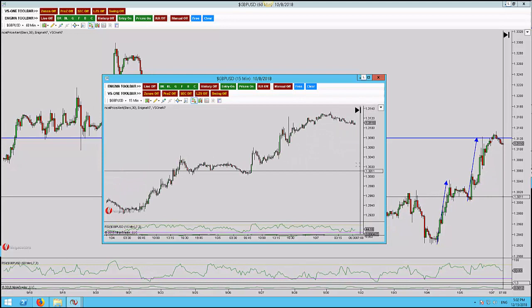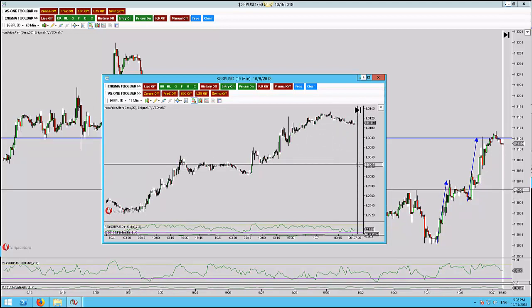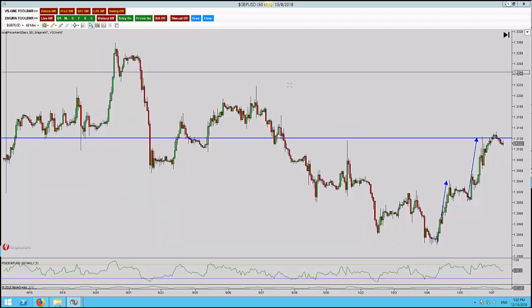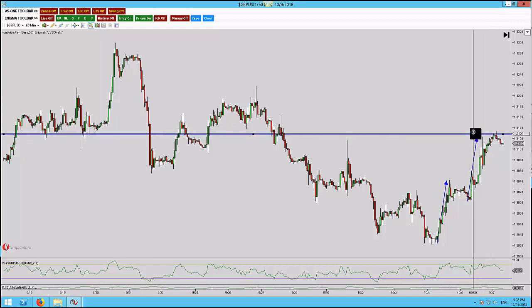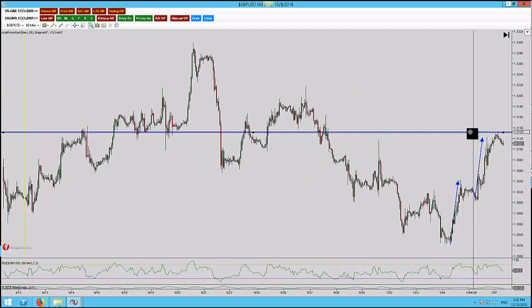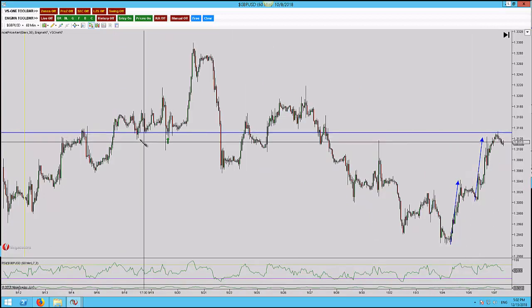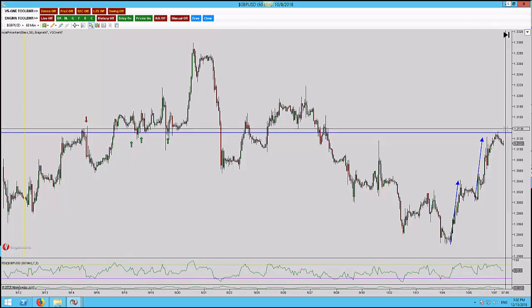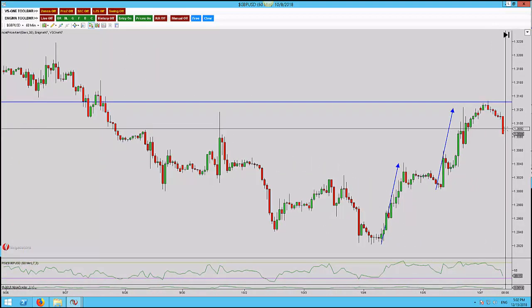So it's going to be a no-go, this one. Okay, so we've come up to this level. Is there any more structure here? Oh, look at that. Okay, just a little bit higher. We've got 1, 2, 3, 4. We did go overbought on the RSI, and then we've dropped.